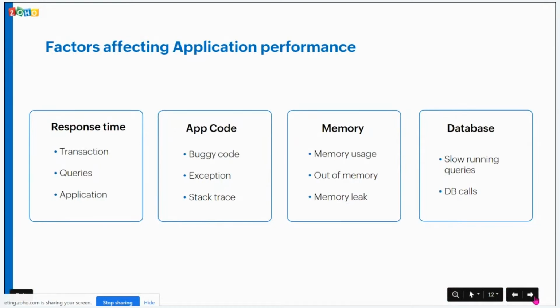Normally the web server gets overloaded because of the user count, the load balancer, etc. Response time: if any transactions are taking more time to perform, then obviously response time will be affected. App code: if there is buggy code, obviously there would be performance issues, slow DB calls, method calls, etc., and also issues because of web service calls.